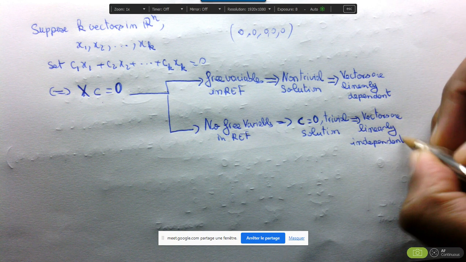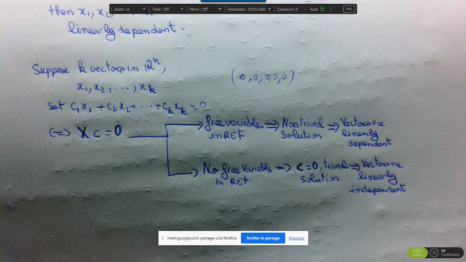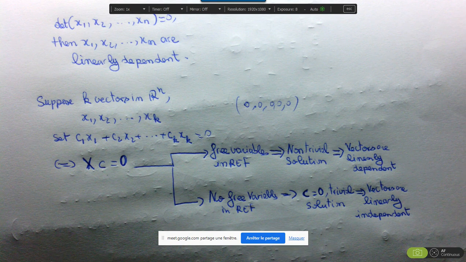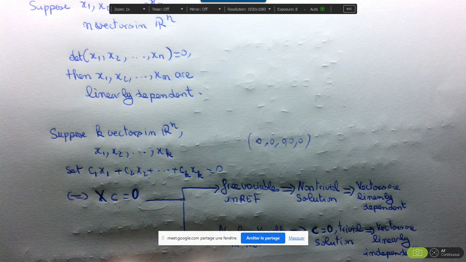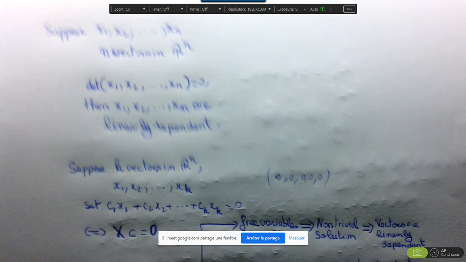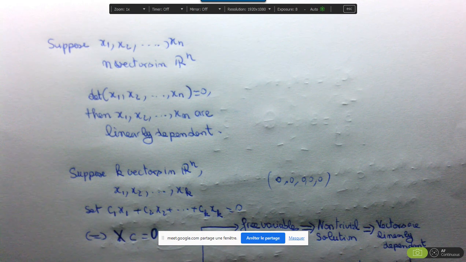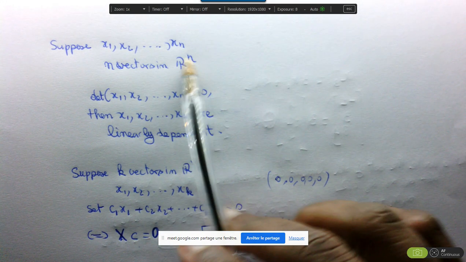Okay, so let me summarize again. To determine from calculation whether we have vectors that are linearly independent or dependent, suppose that we have n vectors in Rn.